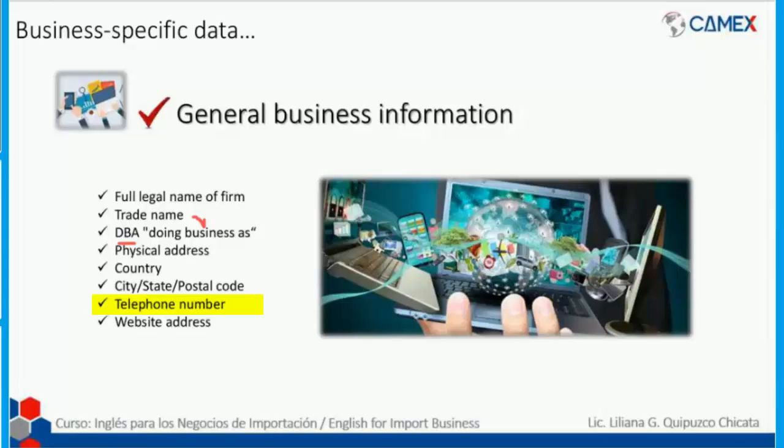Or if it is an office number or a house number, it's going to be plus 51 and another code because it is from Lima. If it is from another region or province in Peru, it's going to have another code, and then you give the office number. So when you're doing international business, it is important to ask for the complete number, with the code for the country and the code for the state or city that you are going to talk to.